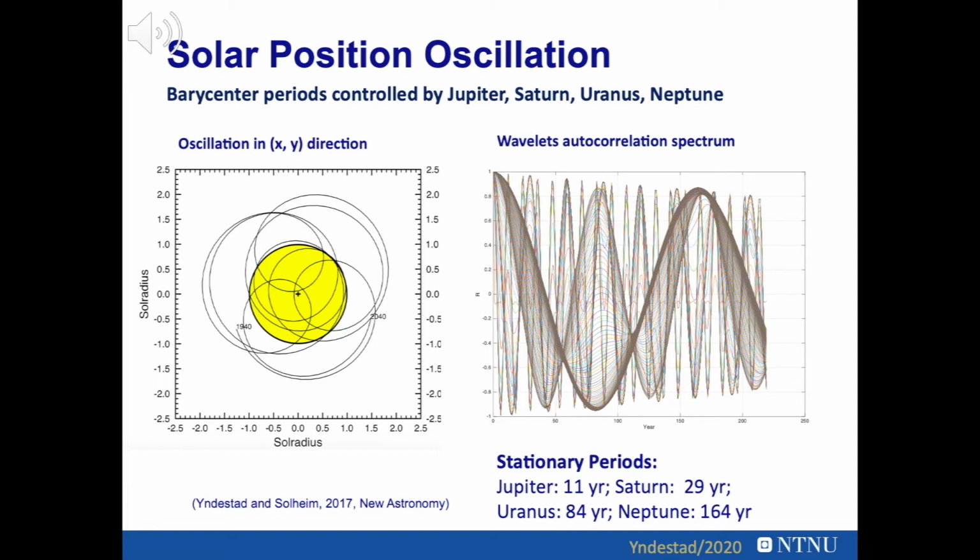The figure on the right side shows the fingerprint of the solar position around the barycenter. The fingerprint shows the periods from the large planets, Jupiter, Saturn, Uranus and Neptune, which have periods of 11, 29, 84 and 164 years.